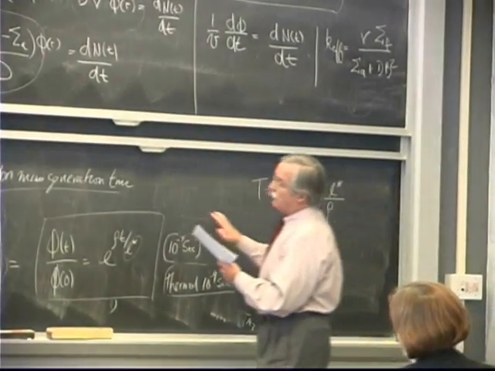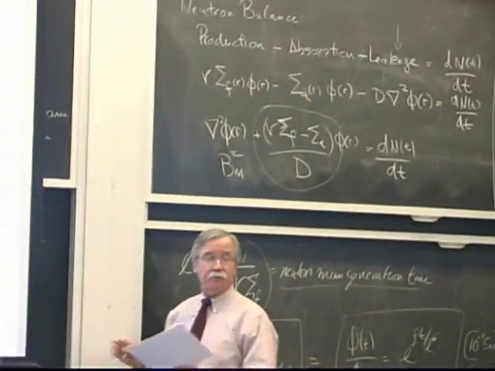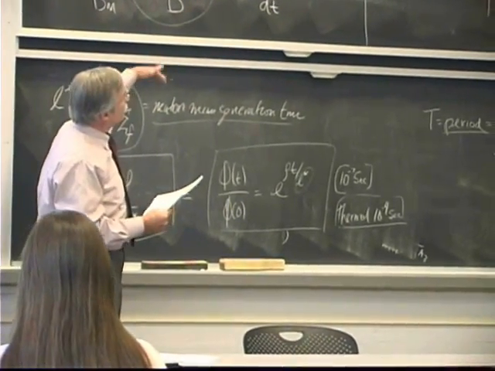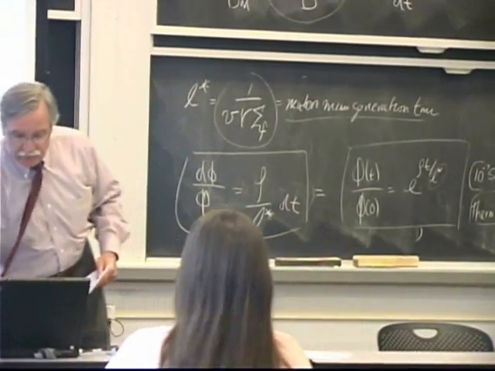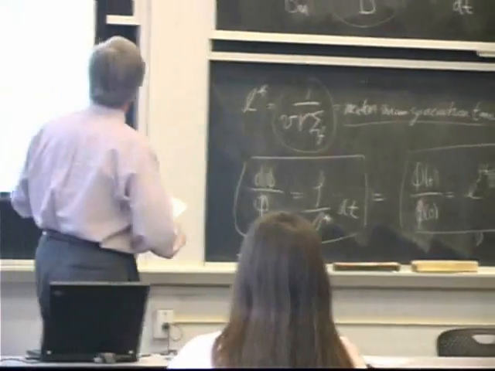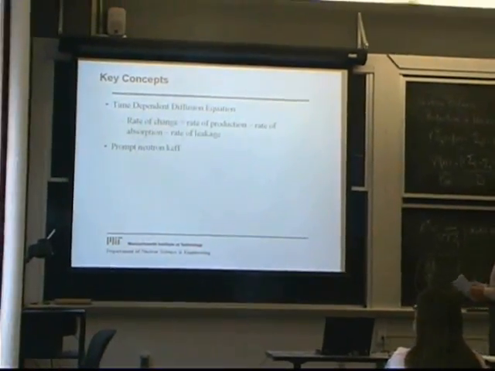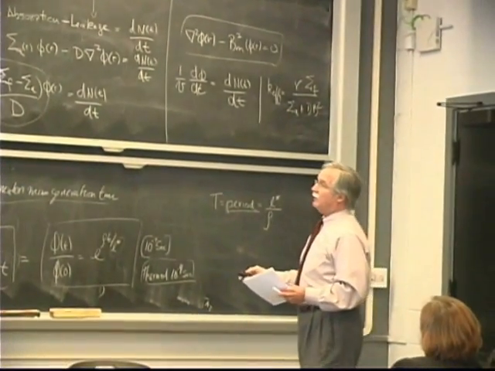So in the prompt world, we have a relatively straightforward event, but it gets much more complicated because not all of the neutrons are prompt. So in the sense that we have the time-dependent diffusion equation, and we also have the prompt neutron K effective described here by that term on the right.